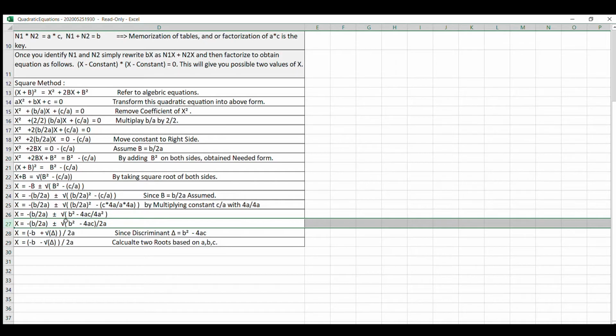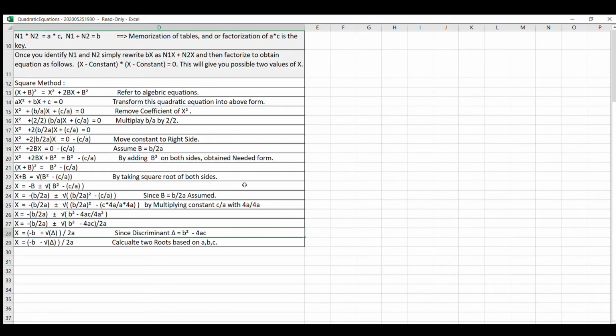If you simplify that further, you get square root of b square minus 4ac upon 2a. You got it? Alright. Now you know b square minus 4ac is what? Delta, the discriminant. So your final value is x is equal to minus b plus square root of delta divided by 2a, or x is equal to minus b minus square root of delta by 2a.